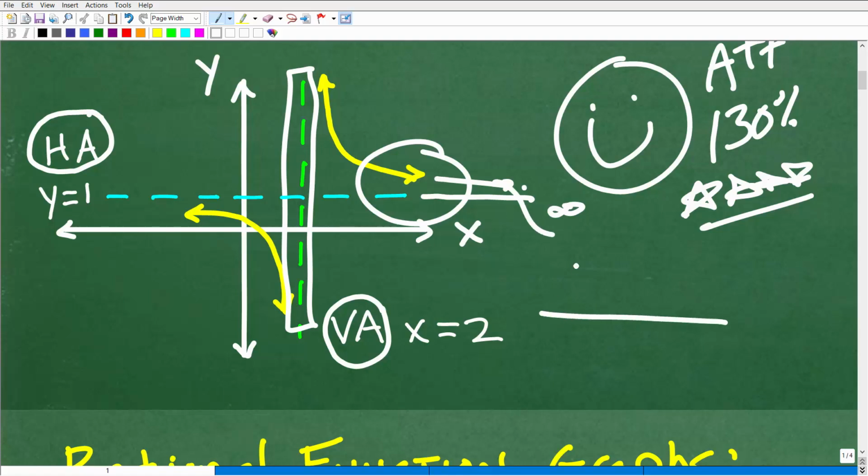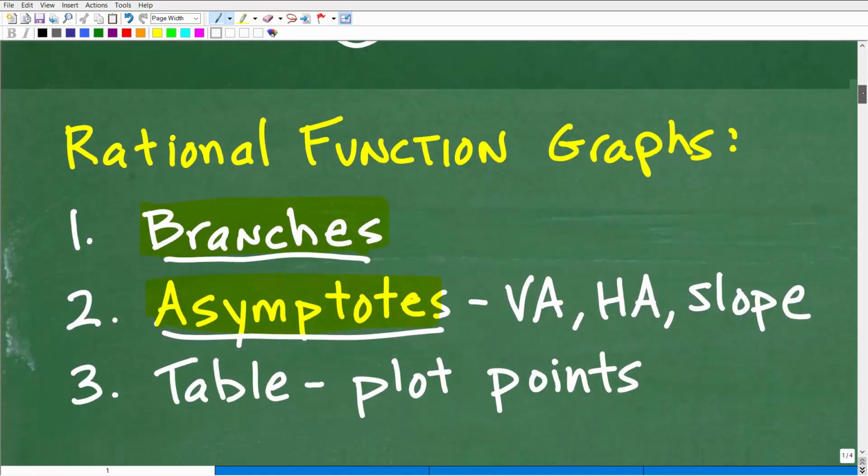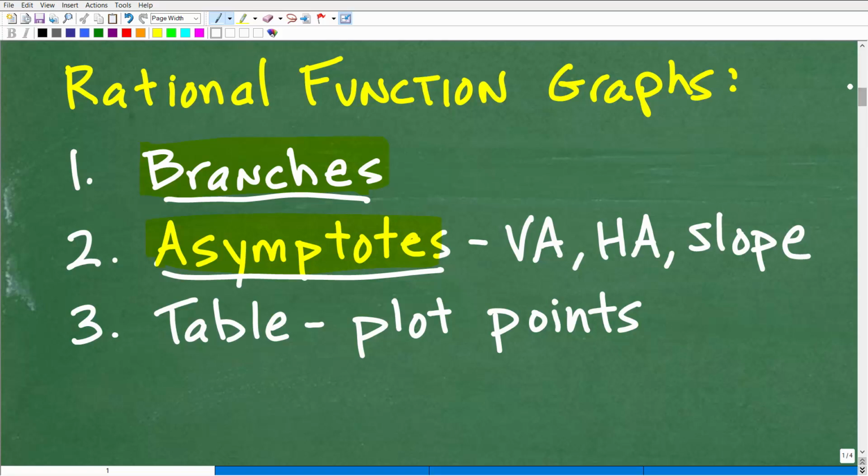So it's kind of guiding the graph, like a buffer zone. The graph is going to get closer, closer, closer, but it's never going to cross over it. So when you graph your rational functions, you want to show that behavior. Hopefully I explained that without it being too confusing, but that is what an asymptote is.